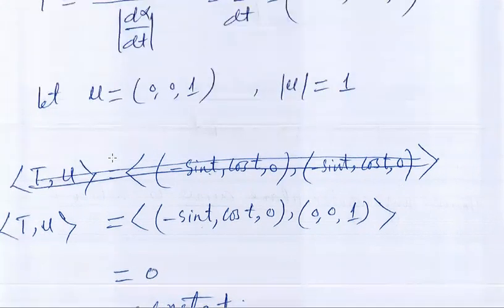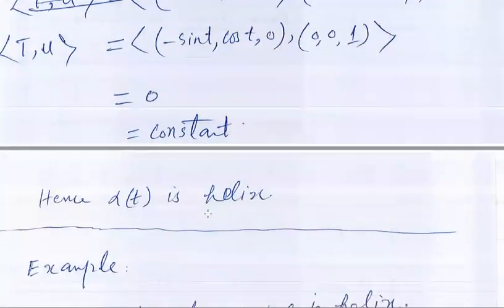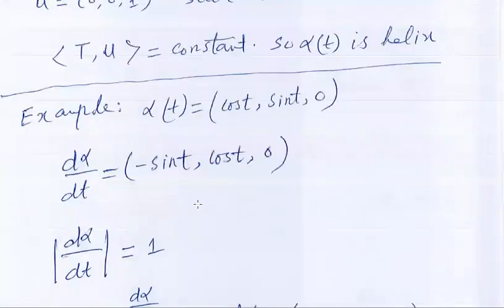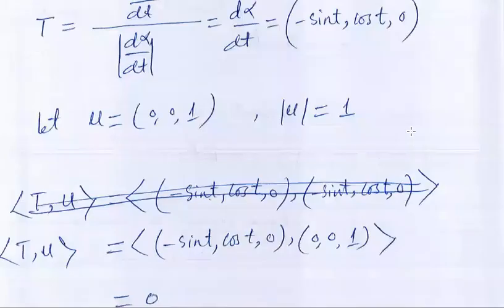So there exists a fixed unit vector u such that the inner product of t and u is constant. So by definition, alpha of t, which is a circle, is also a helix.